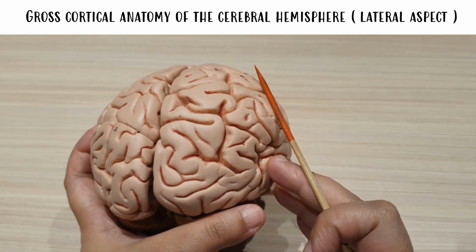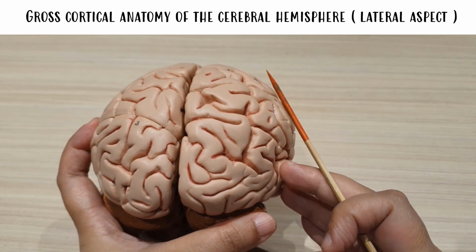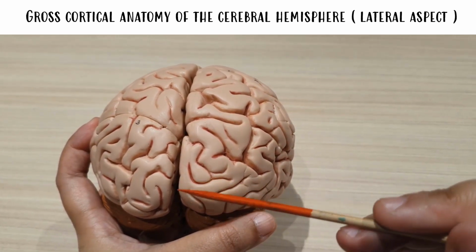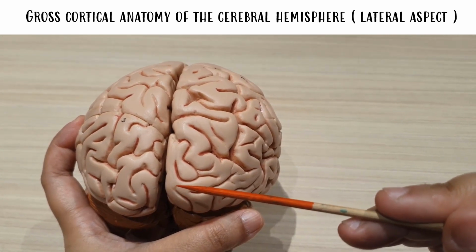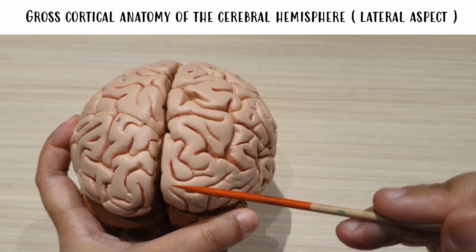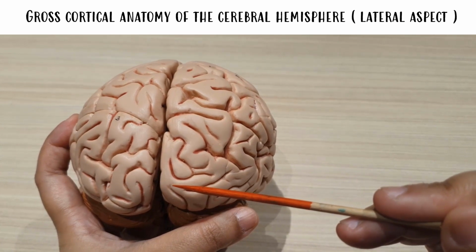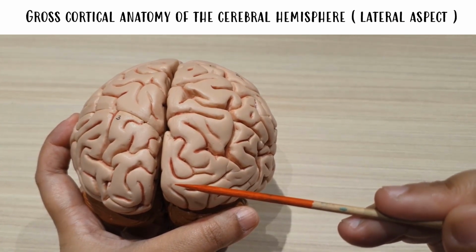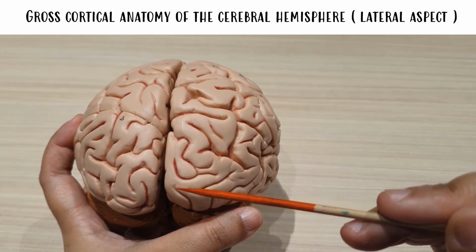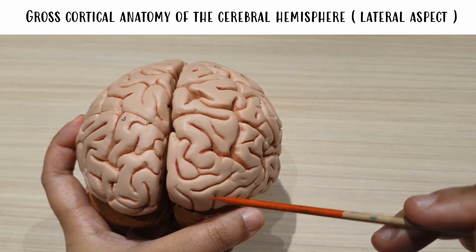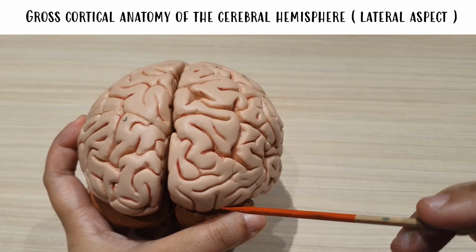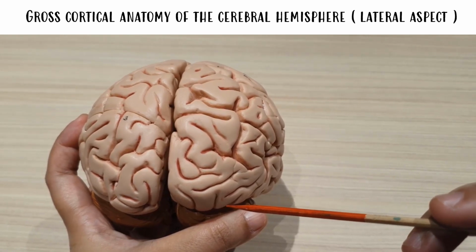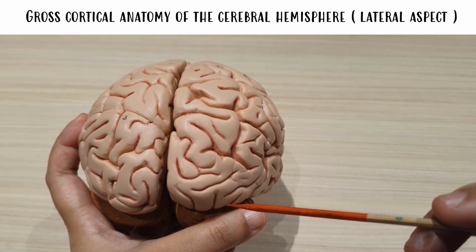The occipital lobe has an occipital pole at the back, which is designated as your Brodmann's area 17 and functions as the primary visual cortex. Around Brodmann's area 17 are 18 and 19 respectively, which are designated as your visual association cortices.